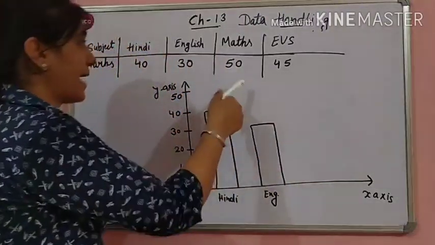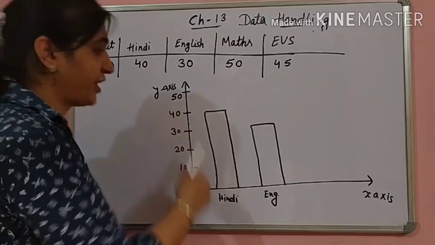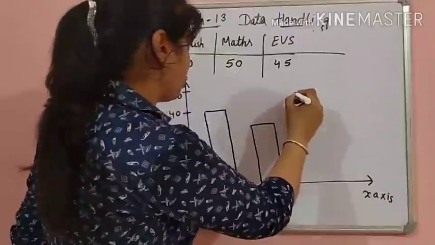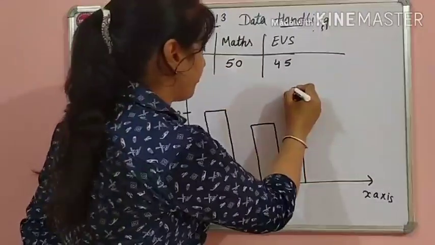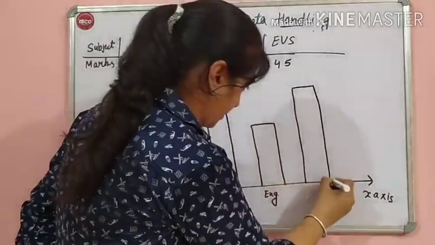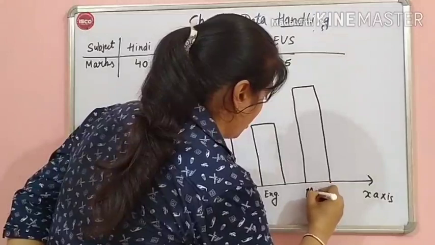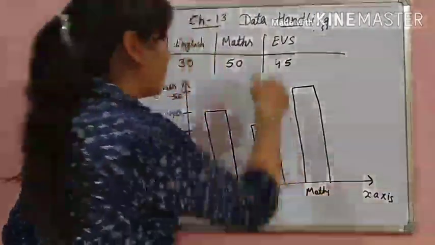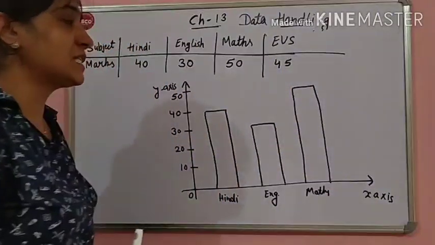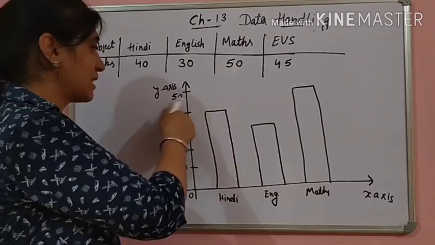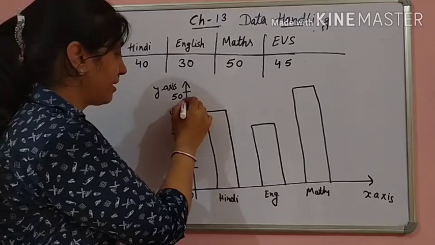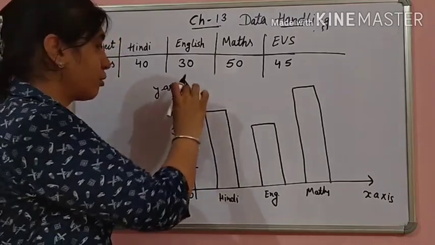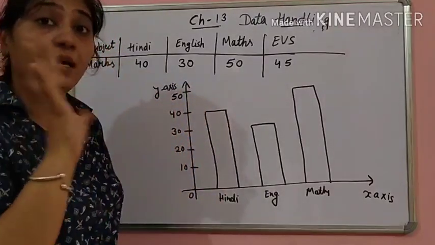Okay. Now in maths he got 50. It means we have to make a bar at height 50. This is for maths. Now how many marks did he get in EVS? 45. See, there is no number 45, but we will choose between 40 and 45 because this gap shows 10 points.